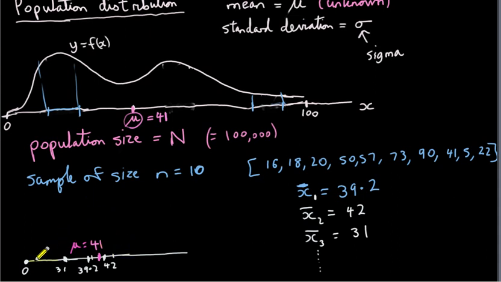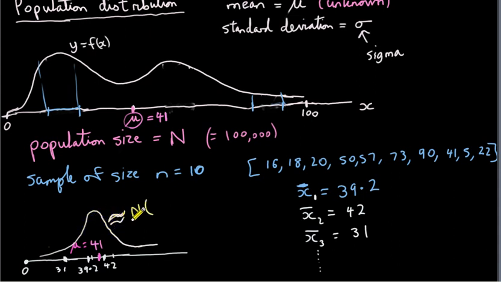And it tails off on both sides as a normal distribution, this bell-shaped curve. Well, not exactly normal, but approximately normal.